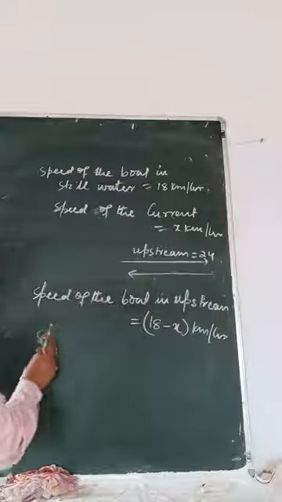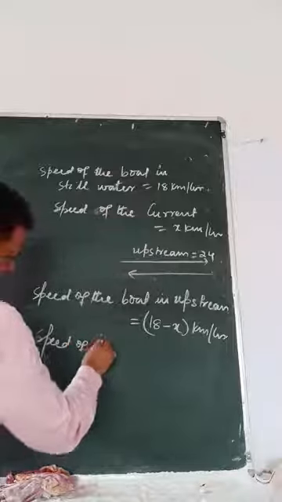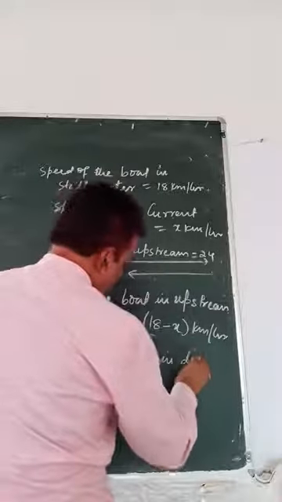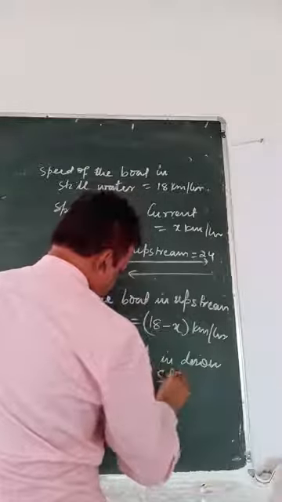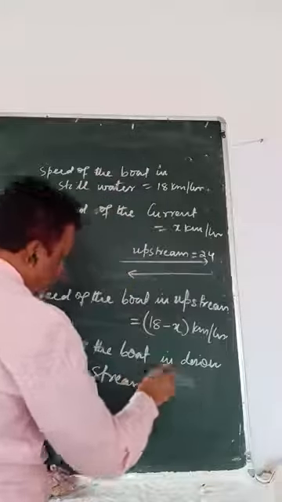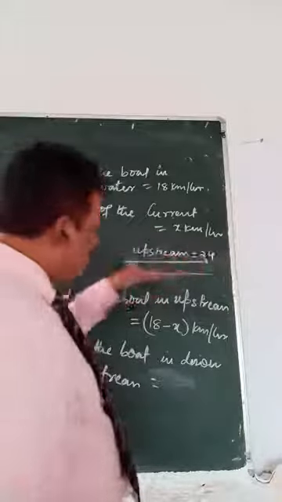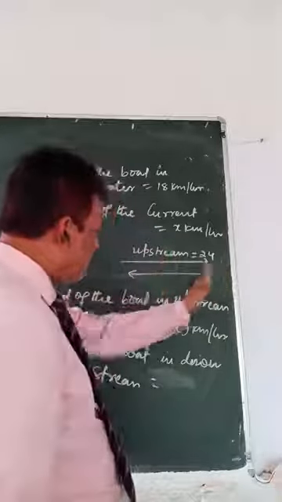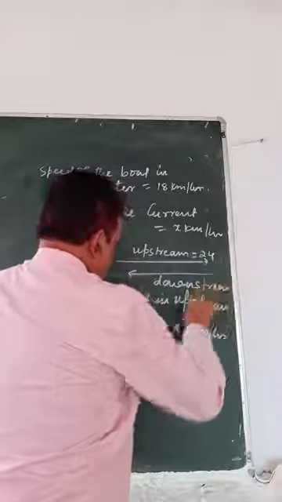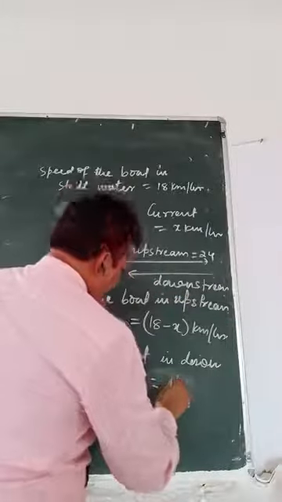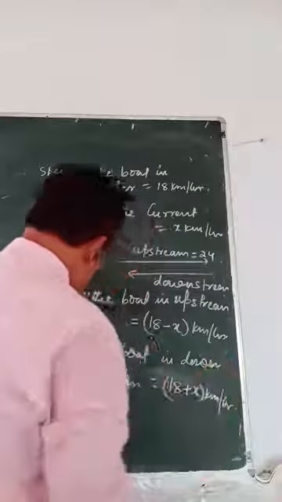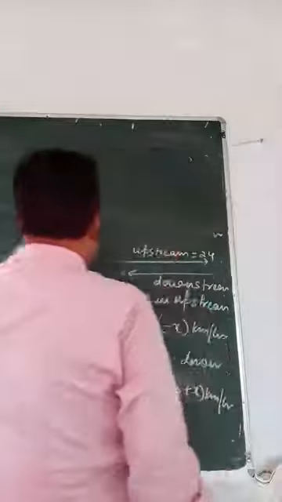So speed of the boat in downstream. Downstream means boat is going this direction, current is also flowing the same direction. So both are going in the same direction. You have to add here, 18 plus x km/h.